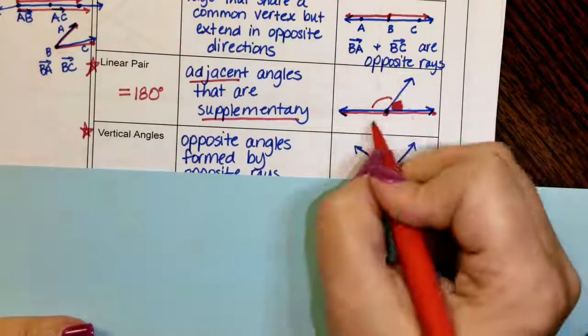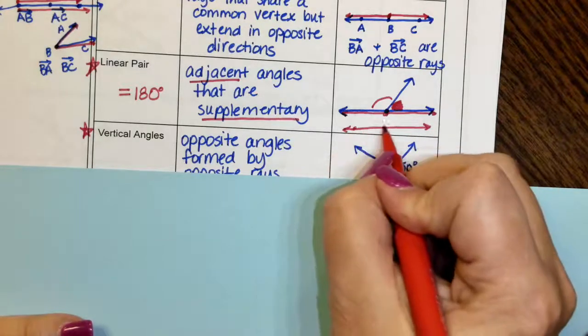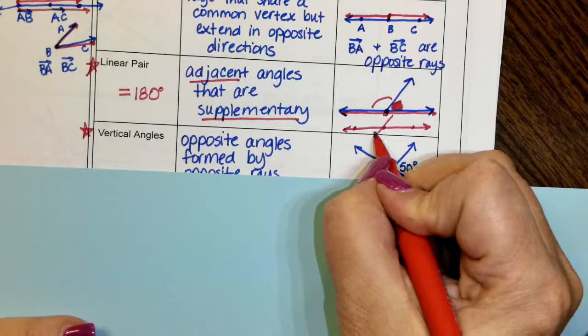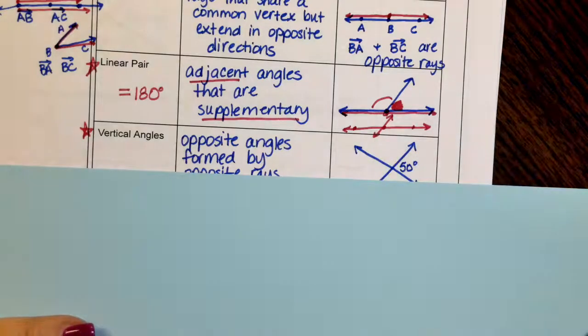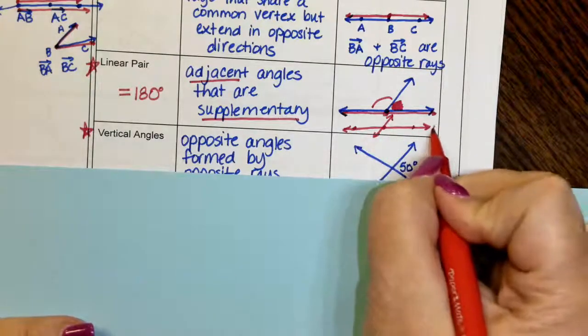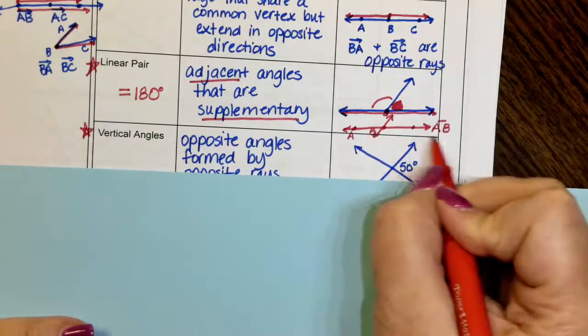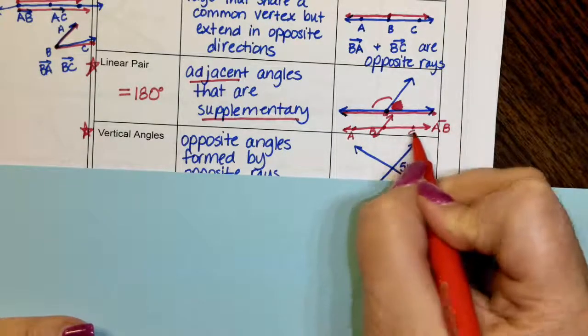Now, don't be confused. If you have a line, and I'm talking about segments, and it happens to have a segment bisector, or a line that bisects it through the midpoint, this is very different. If I say segment AB, that's segment AB and BC.